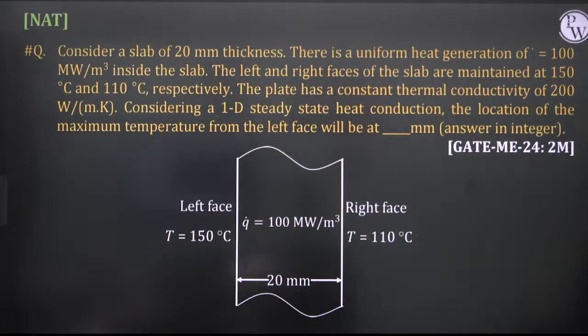There is a uniform heat generation of 100 megawatt per meter cube inside the slab. Left and right faces of the slab are maintained at 150 degrees Celsius and 110 degrees Celsius respectively. The plate has constant thermal conductivity 200 watt per meter Kelvin. 1D steady state. So this is a problem of one-dimensional steady state uniform heat generation. So this is a standard problem.